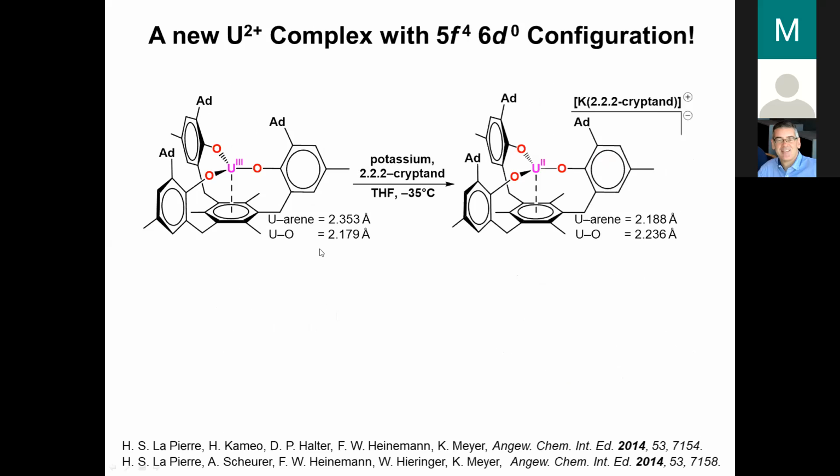We quickly realized that the uranium-oxygen bonds severely change from 2.18 to almost 2.24 angstroms. That is expected as we increase the electron density around the metal center. It no longer wants to interact as strongly with the negatively charged oxygen donors.